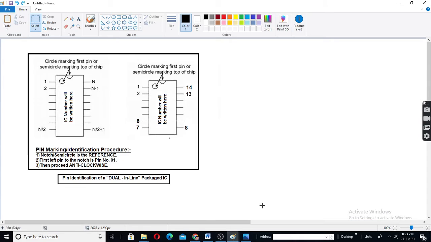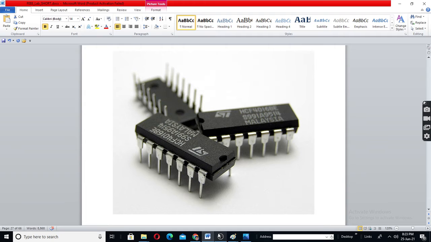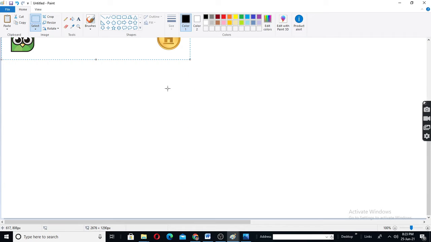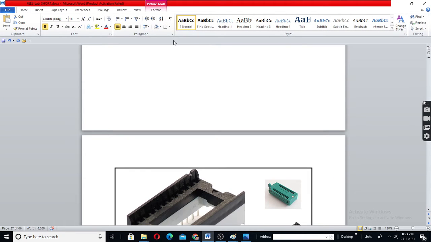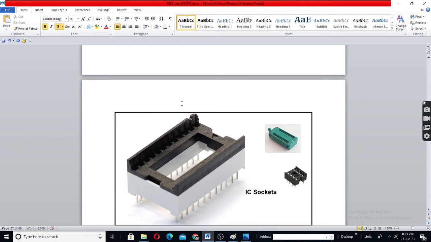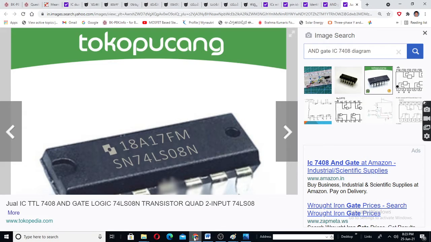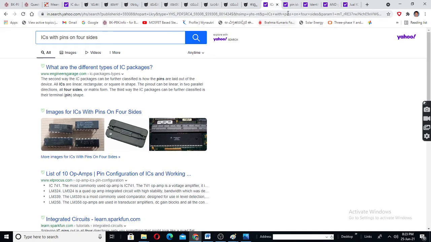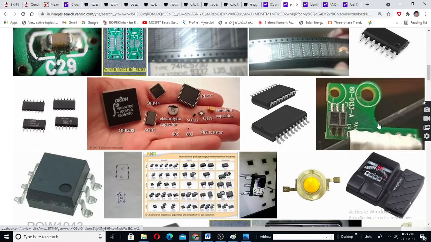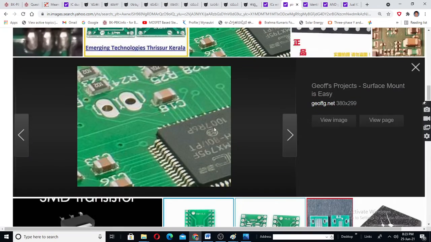Now let us go to the NAND gate, and before that, this is called an IC socket on a printed circuit board, a PCB. You know what is a PCB? Okay, so if you see the PCB, see, this is a PCB. This is a small PCB. Okay, this is a large PCB.